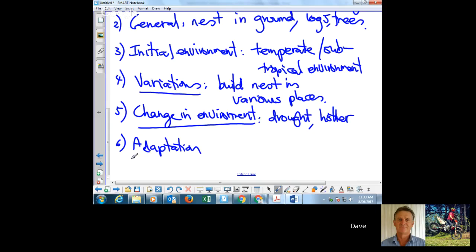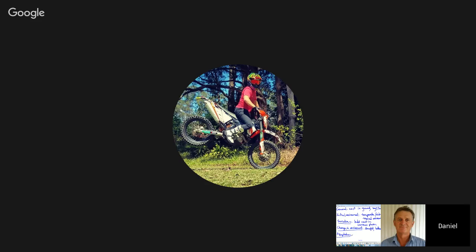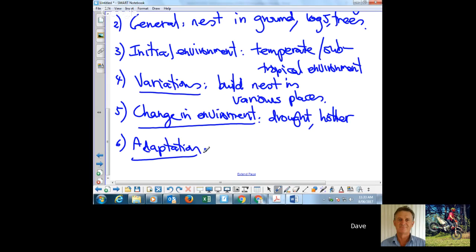So what were this particular group of termites, some of them must have been able to do what? Well, they've contained themselves in a self-sufficient enclosed environment. Build raised nests out of mud or dirt.